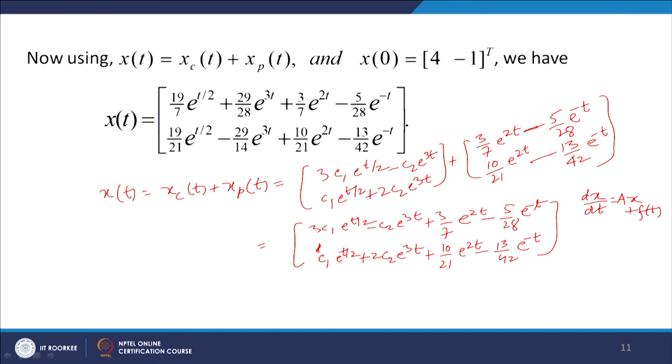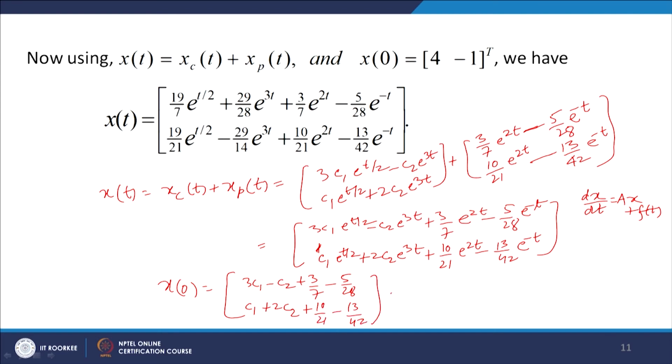Now, let us apply the initial condition. We put t equal to 0 in this, so x(0) will be equal to, putting t equal to 0 here, 3c1 minus c2 plus 3/7 minus 5/28, and here we get c1 plus 2c2 plus 10/21 minus 13/42.